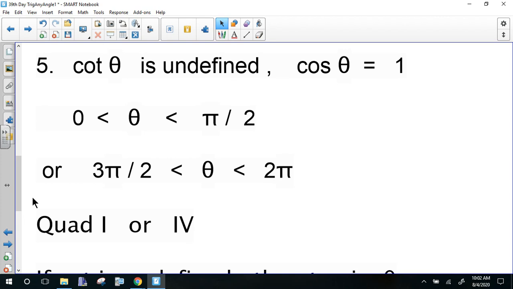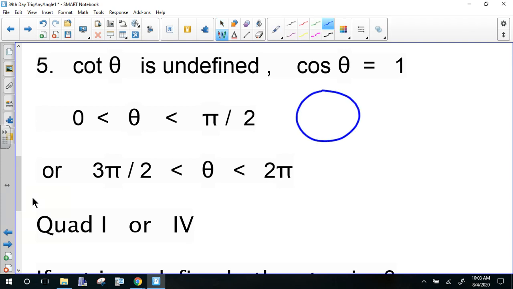Now we get to number 5, and it tells us that the cotangent of theta is undefined. Well, undefined means we're dividing by 0, and cosine equals 1. And this happens between 0 and pi over 2. Well, 0 and pi over 2, that's got to be quadrant 1.